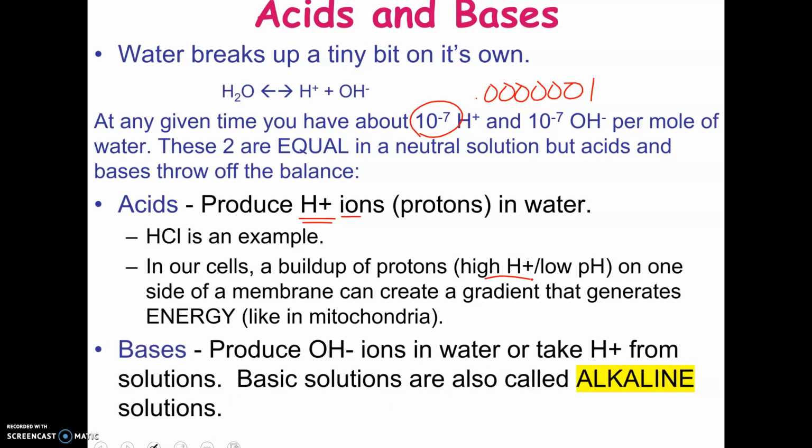We'll talk about that in another chapter. Bases form hydroxide ions, or they are also thought of as pulling hydrogen ions out of a solution. Sometimes we call basic solutions alkaline. You should be familiar with that term, alkaline solution. It means it's basic. Now, how do we measure acids and bases?